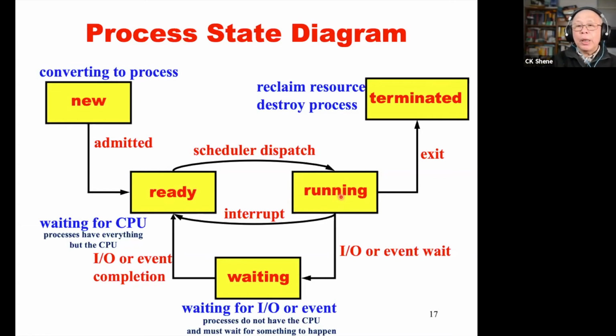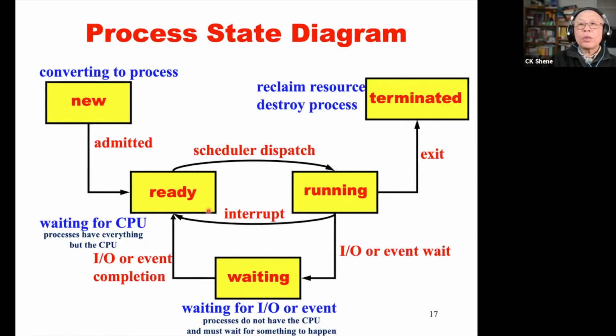Now, due to an interrupt, that process is suspended. So what does that process need? Well, the CPU. Therefore, if a process has everything but the CPU, it's supposed to be moved back to the ready state.